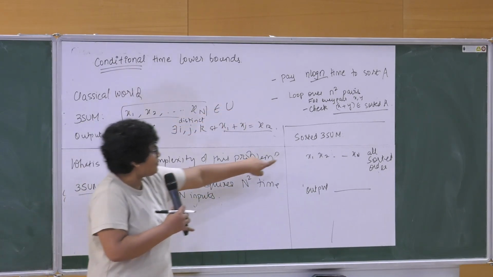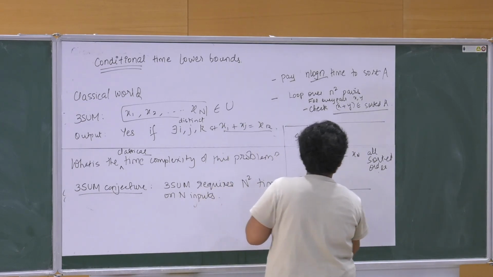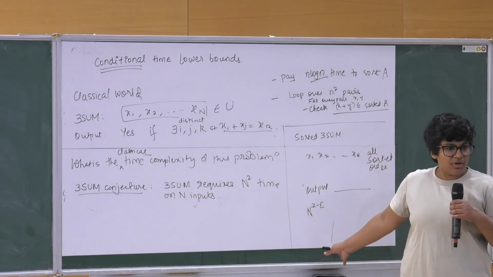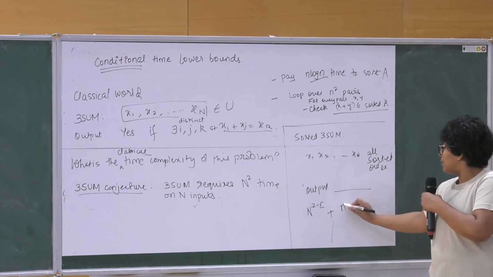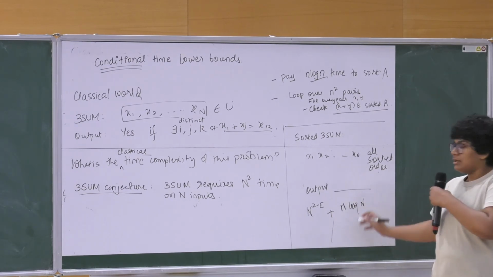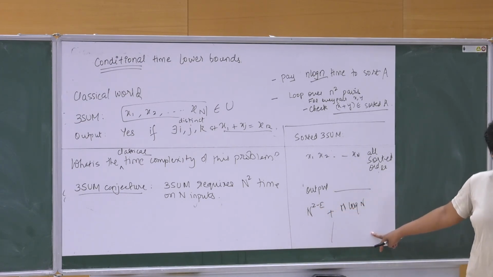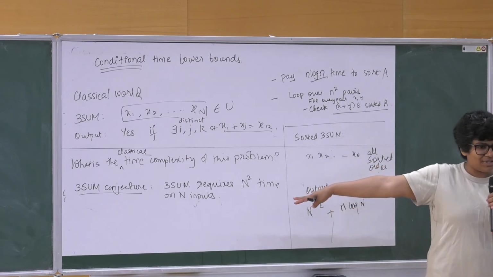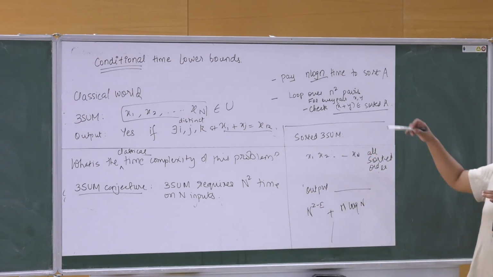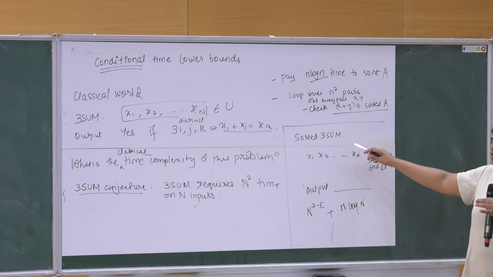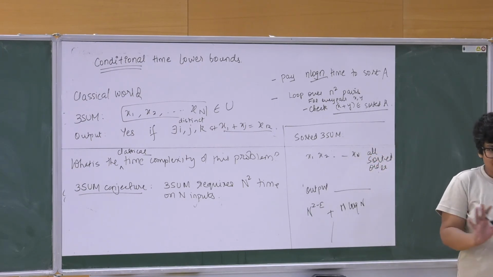And if there was a faster algorithm for sorted threesome that solved it in n to the power 2 minus some epsilon, for some epsilon greater than 0, then you would end up with this much plus n log n time algorithm for threesome, which is still less than n square, right? So you're falsifying the threesome conjecture. So what I've shown is that if the threesome conjecture is true, then sorted threesome also must require n square time. Is this a valid implication?